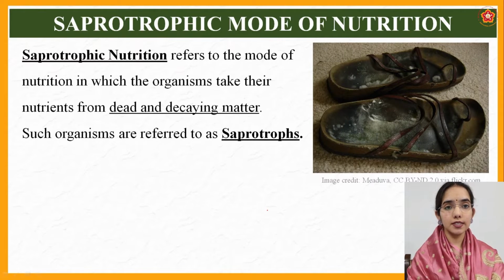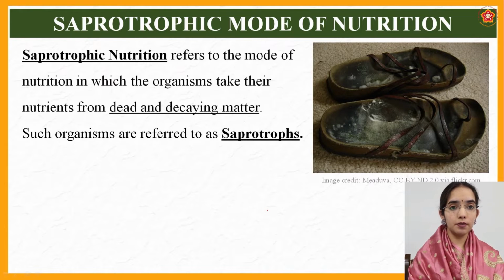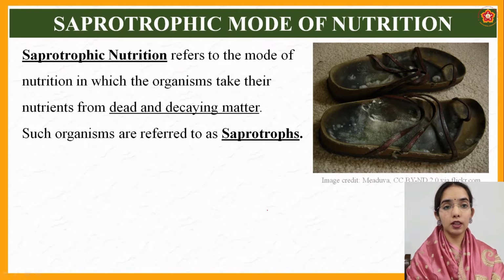Over here you can see an image of a sandal on which fungus has grown. There are many articles in our homes on which fungus grows. During rainy season, if there is seepage in any of the wall, you can see fungus growing on walls, even on clothes, on leather items, and they spoil these items.